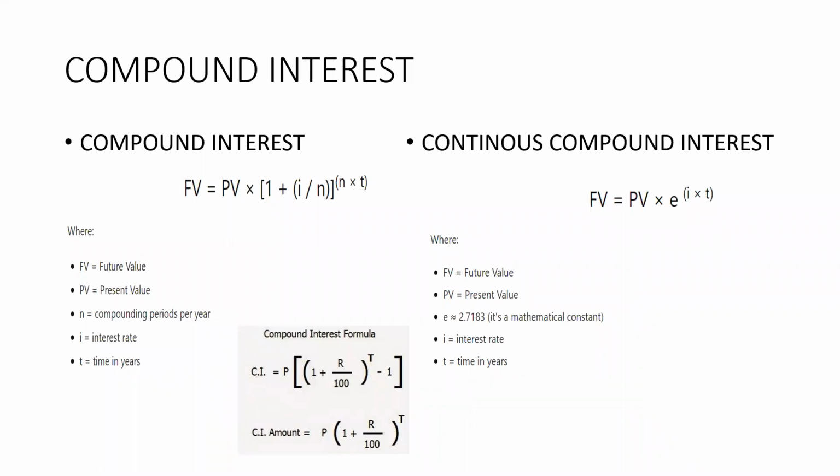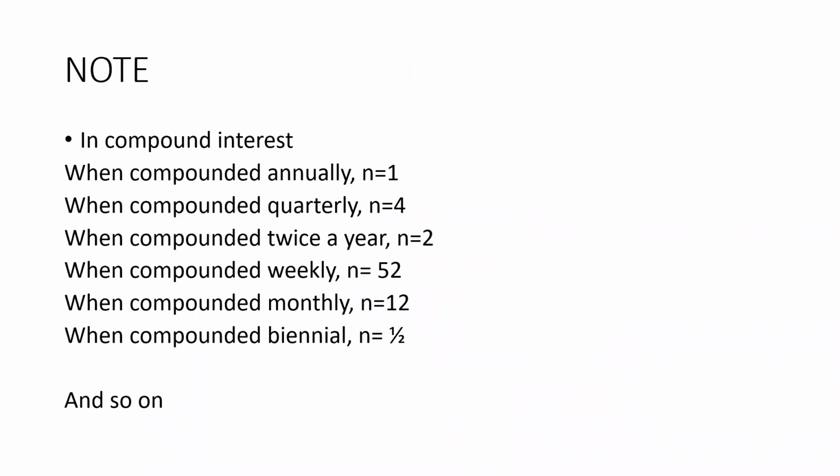Since you are dividing by a fraction, it is going to result in a whole number after computation. Whenever you are compounding weekly, you have 52 weeks. Whenever you are compounding monthly, you have 12 months. So those are your constraints for n.